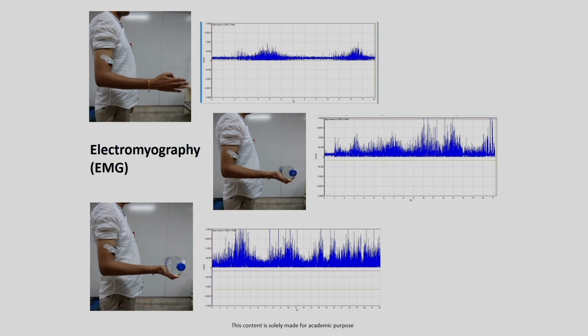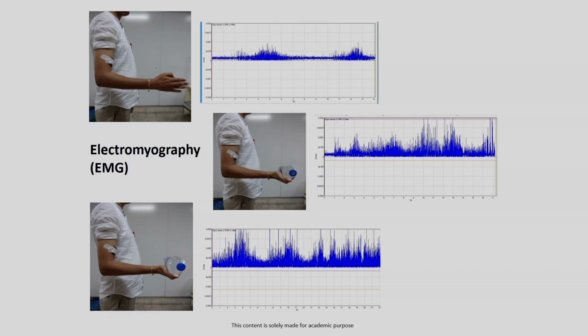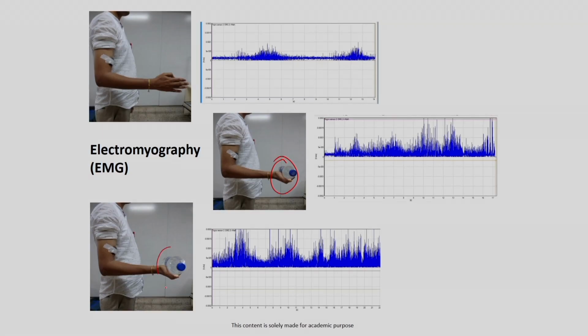EMG is called electromyography. It is recording the muscle activity. Take this example, once you are like this in a comfortable condition, you have certain muscle activity. Once you are holding, maybe this one is an example of a 500 ml bottle. If I ask you to hold a 500 ml bottle and do this thing, then you need certain force. If I increase that to maybe 1 liter or 2 liter, you need to exert certain muscle strength.